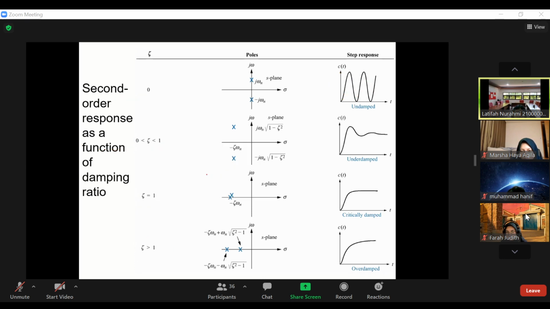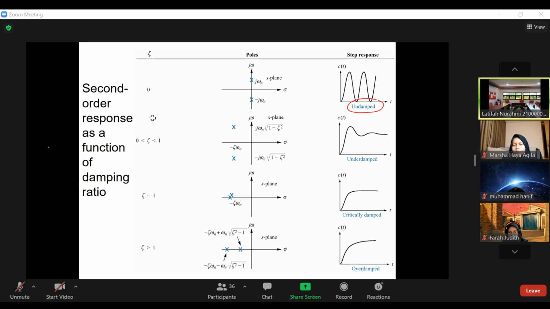So the system will go up and down until t goes to infinity. This is what we call undamped because zeta is equal to 0. The system will always oscillate like this. Do you want it to be like that? Of course not, right? When you have an automatic door, you don't want the door to be always opening and closing, even without people surrounding it. Of course not.